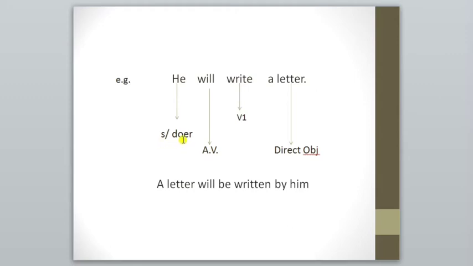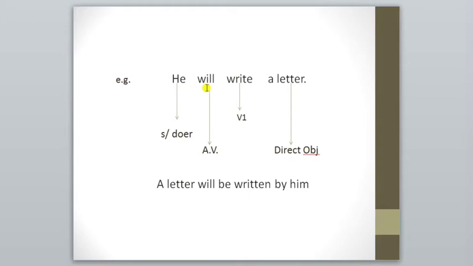Here I have written a new word, and this word is doer. Doer means one who does an action. Okay, means he is doing the action. He is a subject, he is a performer, and which action is performed by him? Of writing a letter.